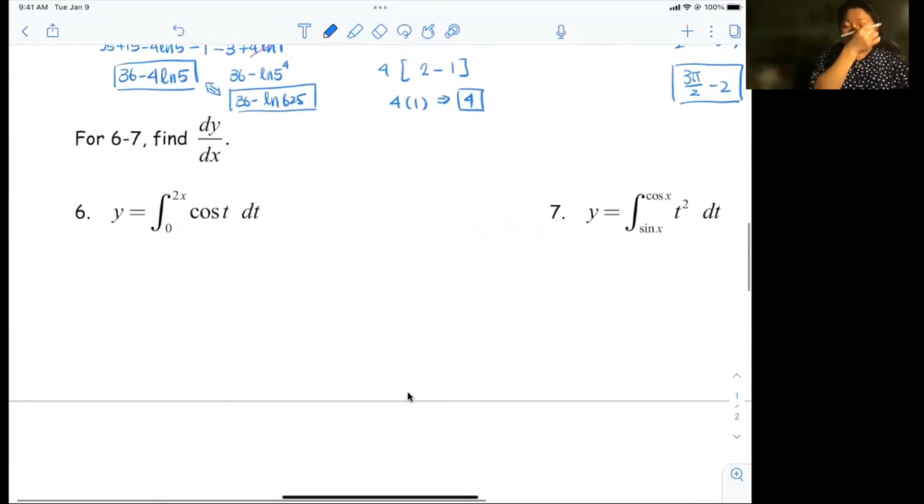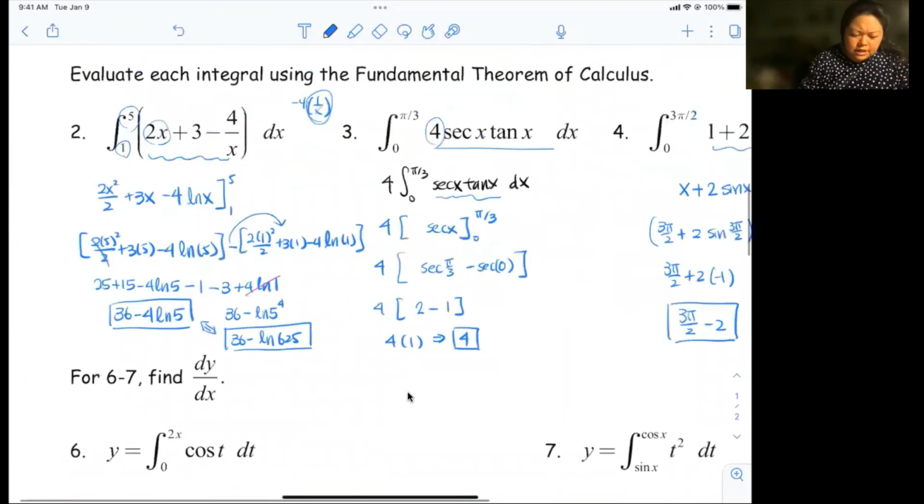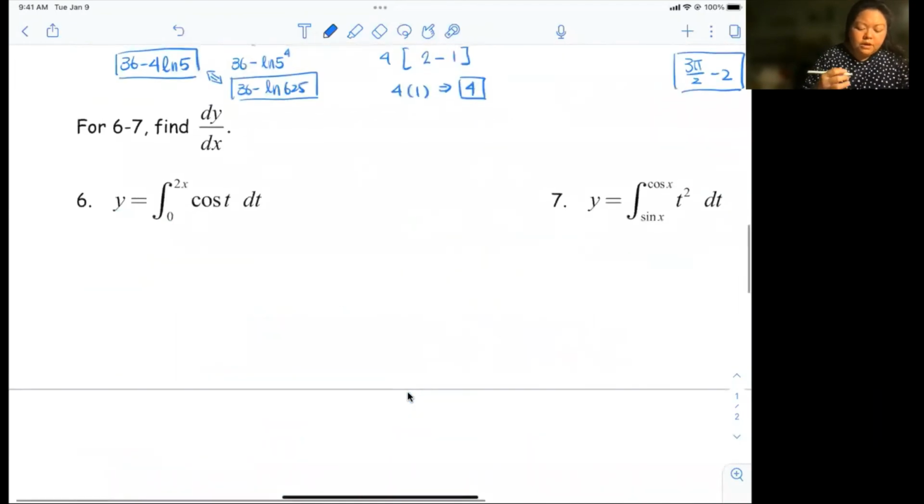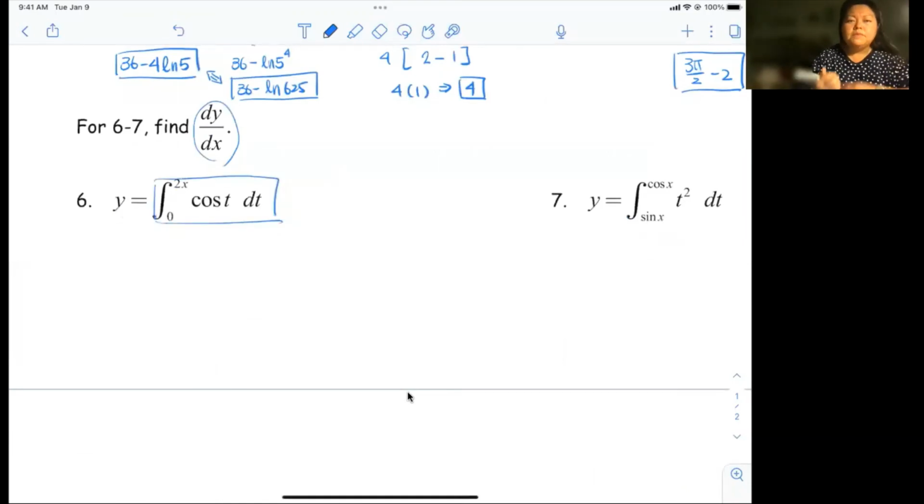Okay, so when you have something like this, you have to keep in mind that when you're taking the derivative of an integral of something like this, there's chain rule involved. So another way to remind students of this is that it's saying find dy dx. So y is given to you as this function, and I'm saying take the derivative dy dx of this function.